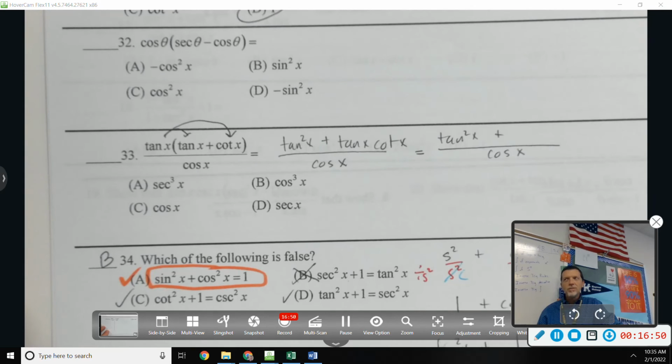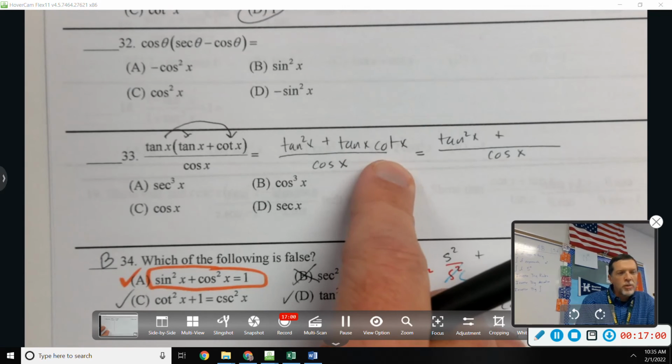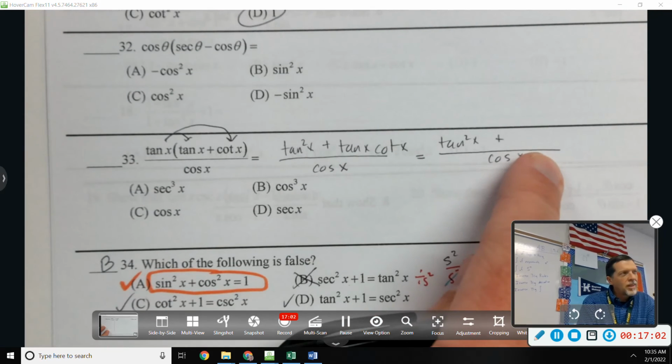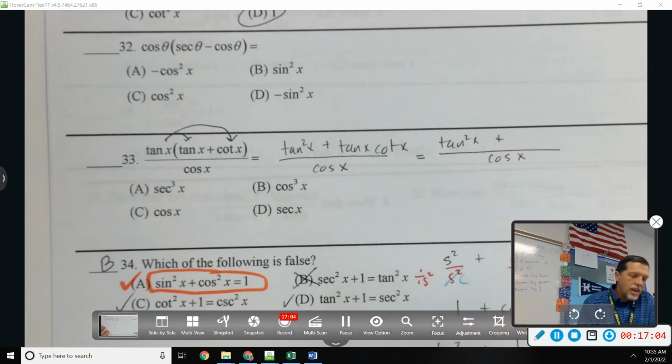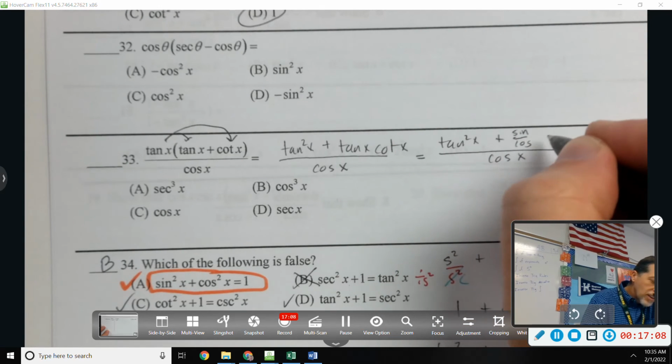Well, what's 1? Cosine, cosine, cosine. Okay, I could also do it that way. So ideally, you would recognize that tangent and cotangent are reciprocals, so when you multiply them, you get 1. That's the best way. If you do it a different way, that's fine. It's still going to work out. Sine over cosine, cosine over sine. Everything works out.